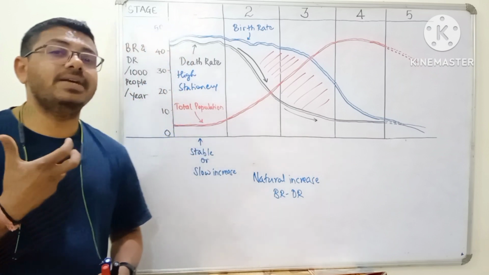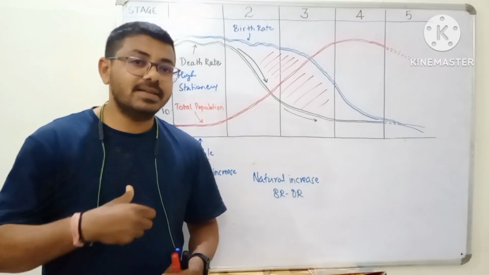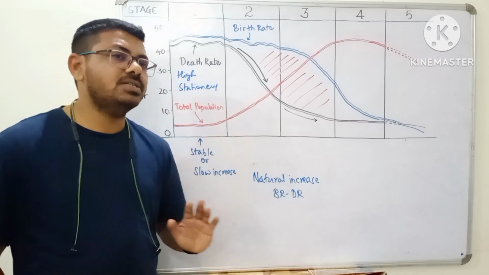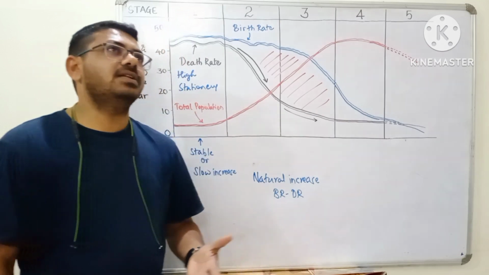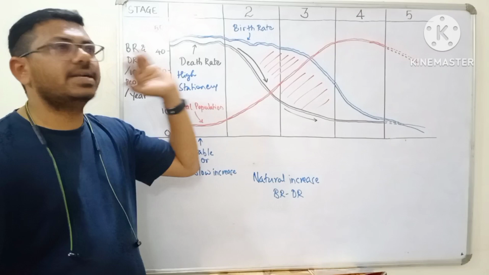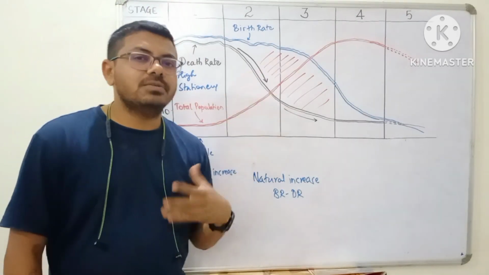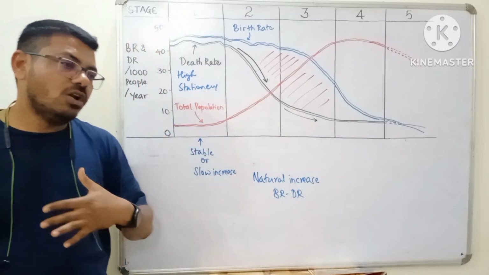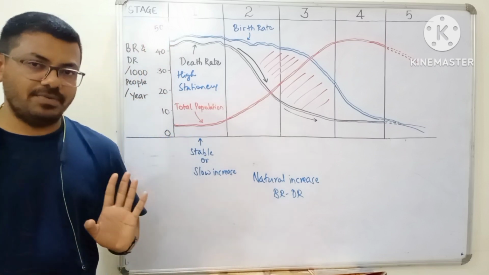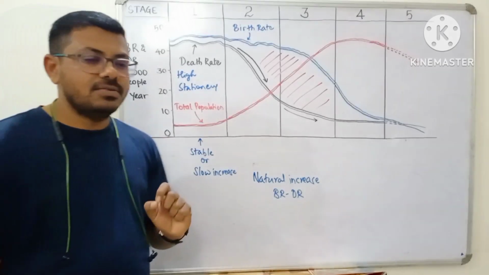Because of controlling infant mortality rate, the birth rate started falling. Earlier, because survival rate was very low, birth rate kept high. But now because of improved medical facilities, it was almost sure that most of the children being born will survive. That's why infant mortality rate has gone down.